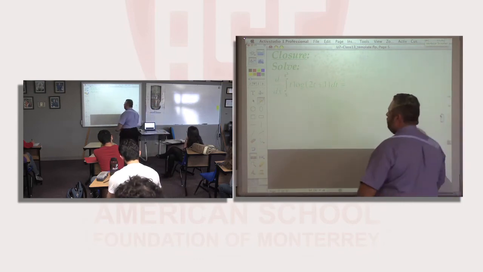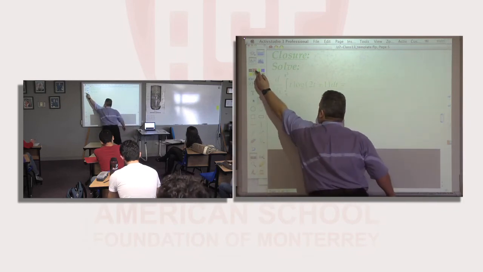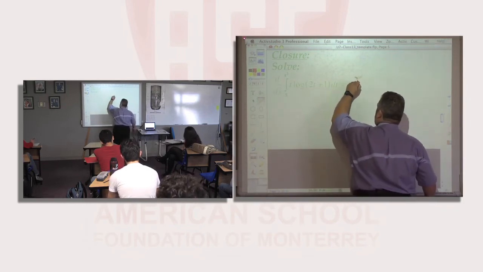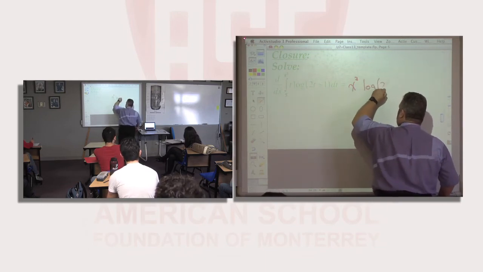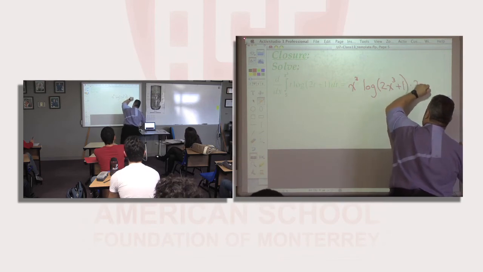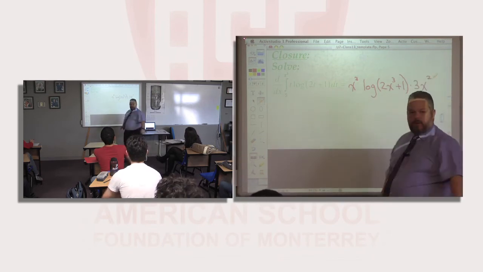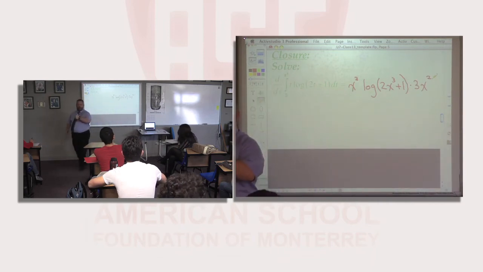Horacio, what'd you get? Give it to me in the first step first. X cubed. Uh-huh. Okay. Quick check here. Thumbs up if you got that.